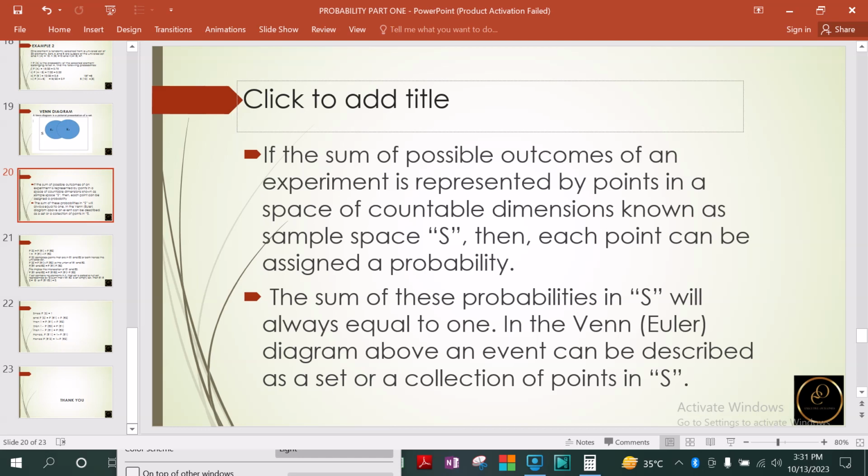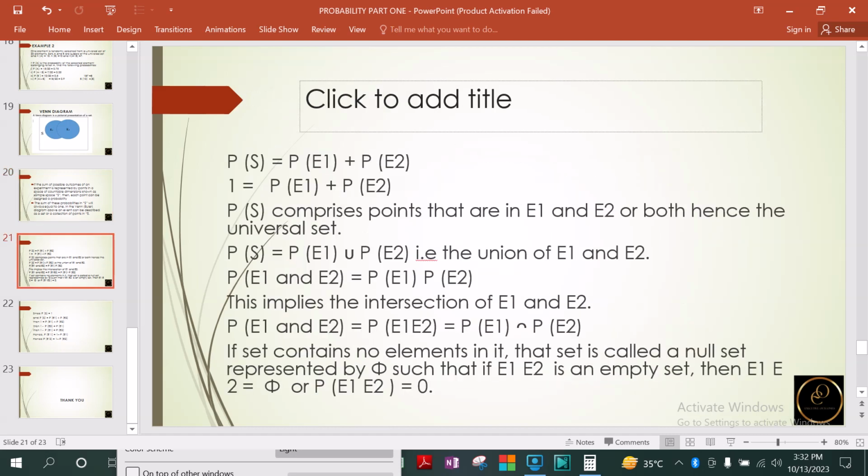Okay, the other point which is trying to augment what we have seen is that the sum of this probability in sample space will always be equal to 1. Okay, that is also what is supposed to be looked at. So let's look at how these ideas can be arrived at.